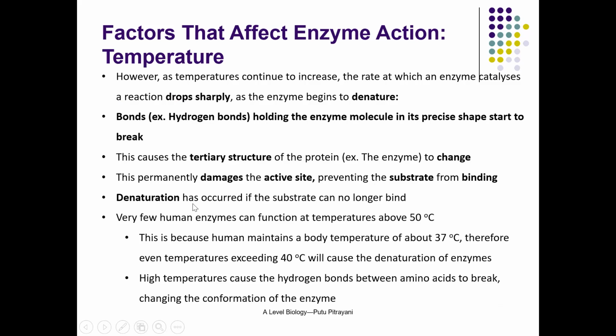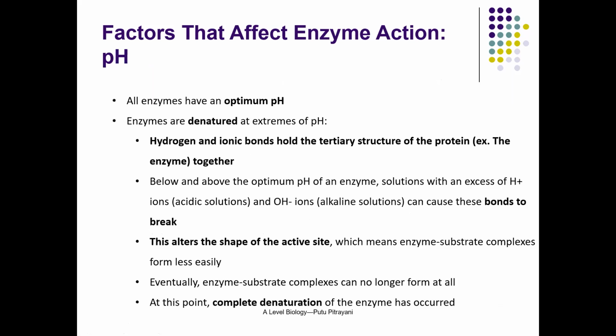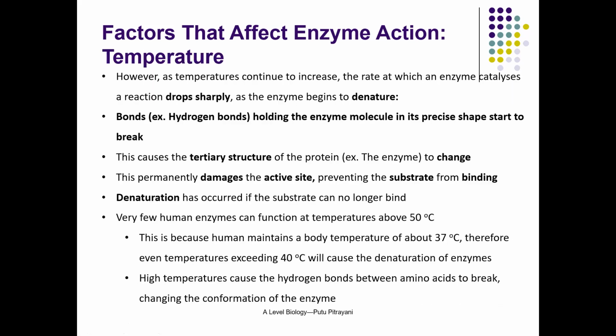Once denaturation has occurred, the substrate cannot bind to the active site and the activity of the enzyme becomes zero. That's why for the human body our optimum temperature is 37 degrees Celsius. If the temperature exceeds 40 degrees Celsius, it is very dangerous for us because this can cause denaturation of the enzyme.